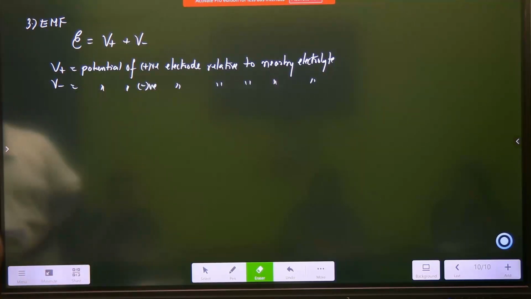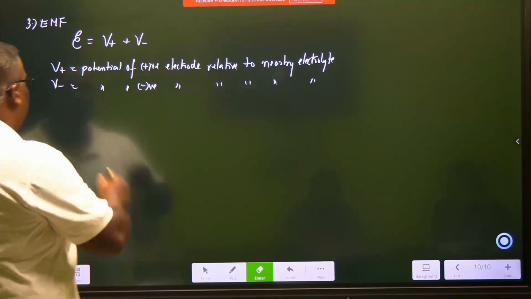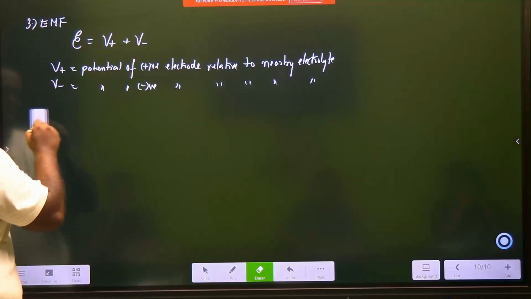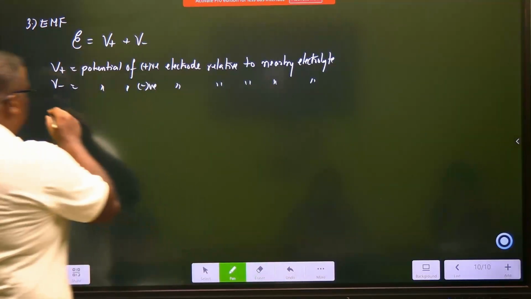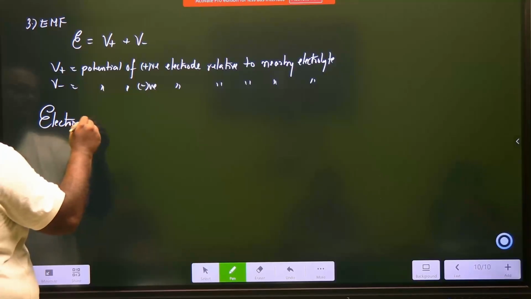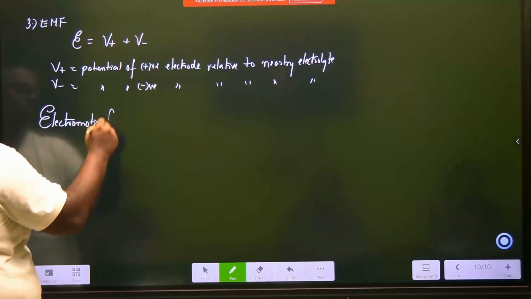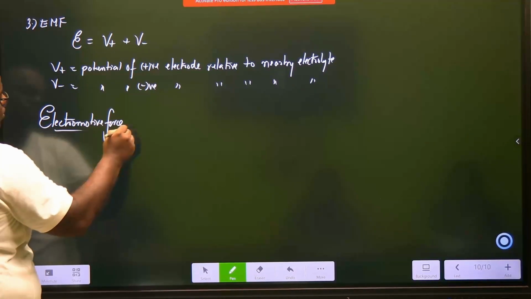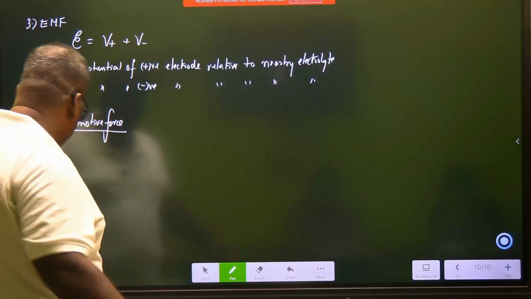Chaliye. So let's now write about what is electromotive force? Electromotive force. So as I told you, electromotive force is the EMF, the maximum capacity.